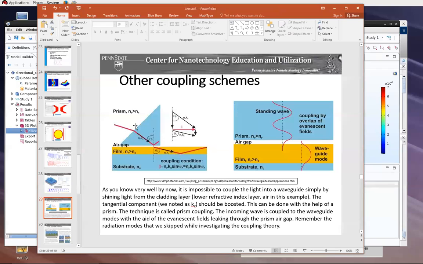To do that, one of the things that you can do is to put a prism, which will be critical in the upcoming lectures too, and then the leaking mode can leak into the film, and that can perturb the waveguide mode inside the film, and that can help us to couple some of the light at least inside this film.